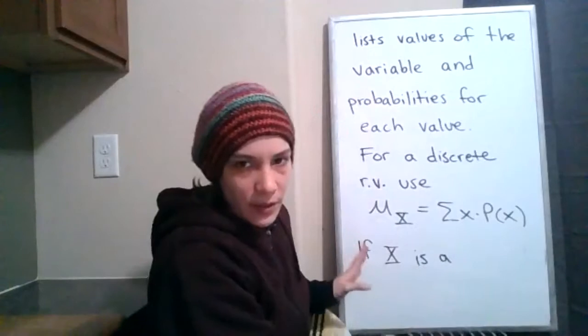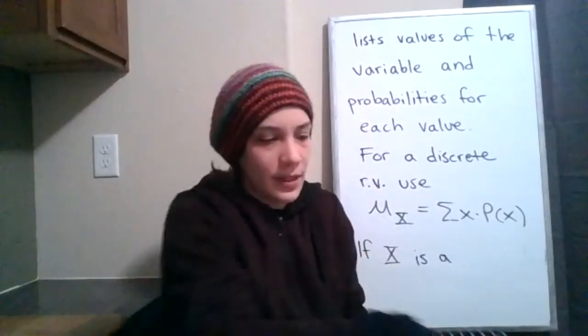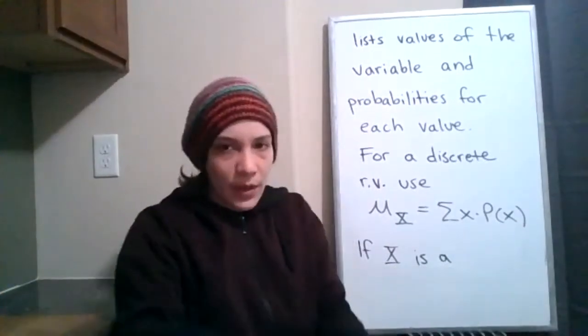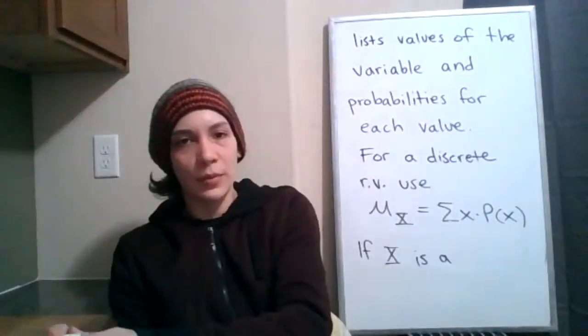I'm just going to do a general explanation and not get too specific on any certain variable, even though we are going to get into properties of the normal variable.